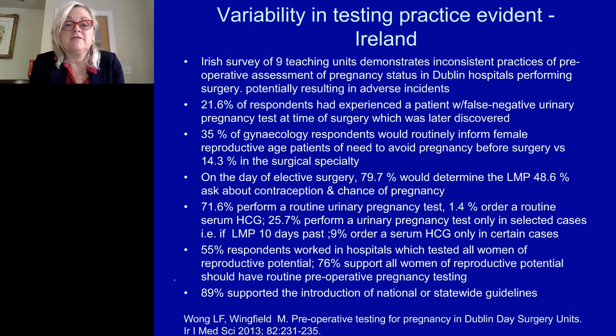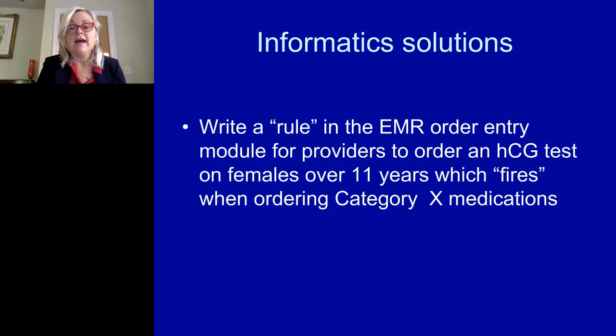And some of these folks only tested selective people based on their last menstrual period. But overall, 76% supported women of reproductive potential having the testing, and so generally, I think these studies were very interesting because it shows a lot of variability in practice, but a general support for it.